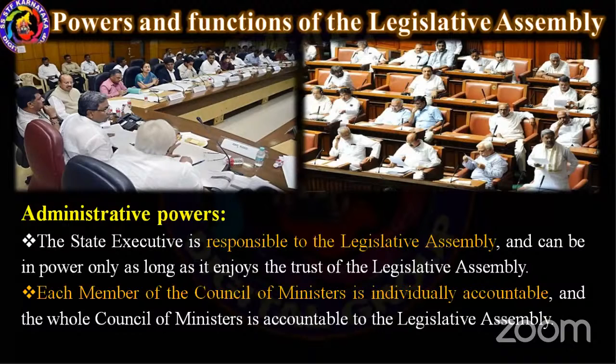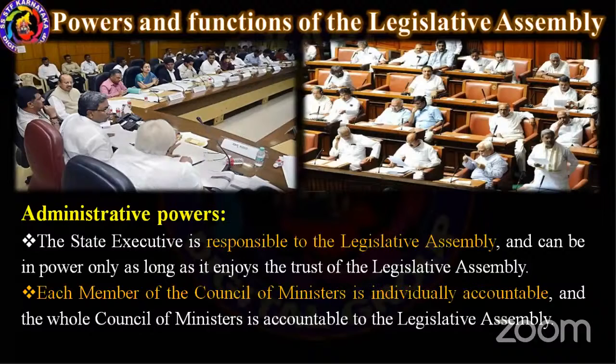That leader then selects ministers from the other 149, since he is one of the 150 himself. He selects a few of those elected representatives to form the council of ministers. The ministers are individually accountable for their portfolios, and the entire council of ministers is accountable to the legislative assembly.